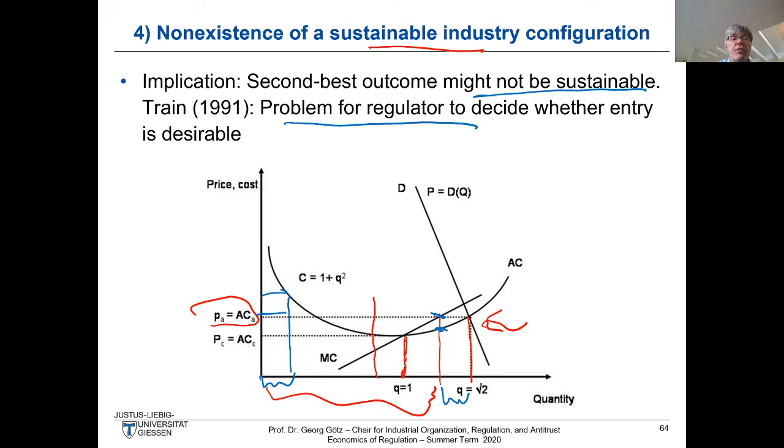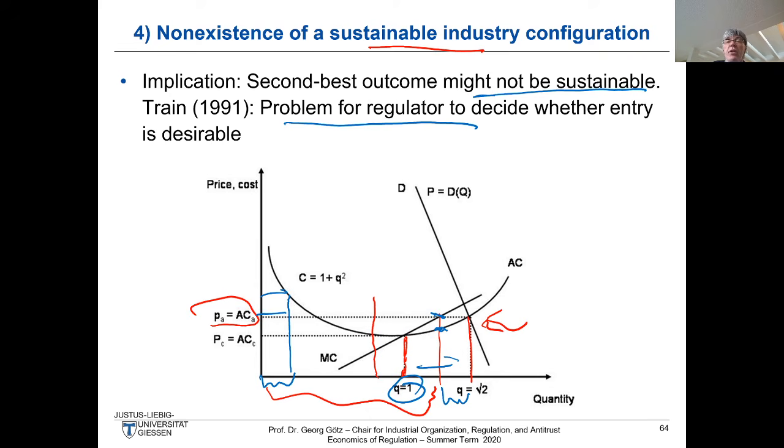But if you allow for entry, another firm might enter with a lower amount, which is still in the range where you have economies of scale, but not these economies you have right here. And if entry happens in this case, it might lead to higher costs than without entry. You might get a worse result.